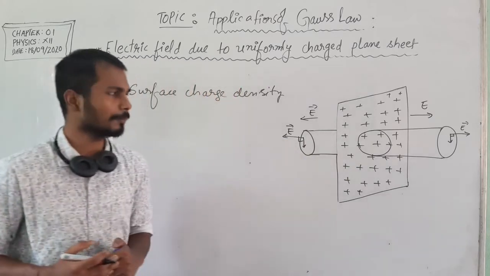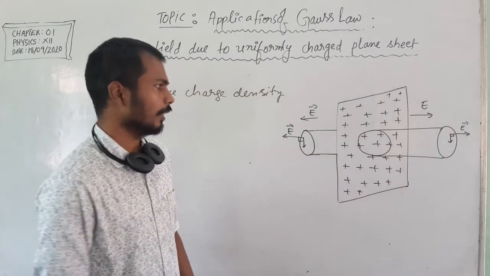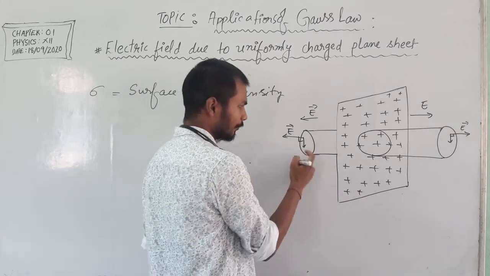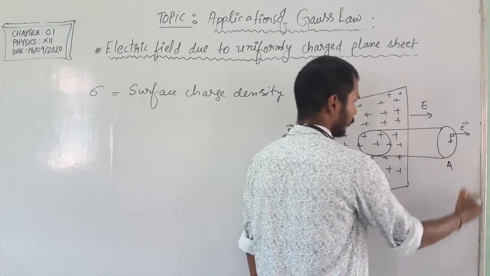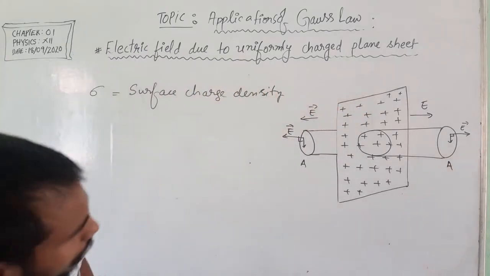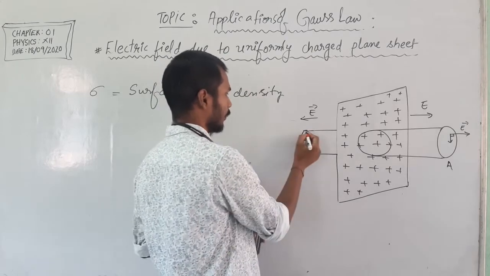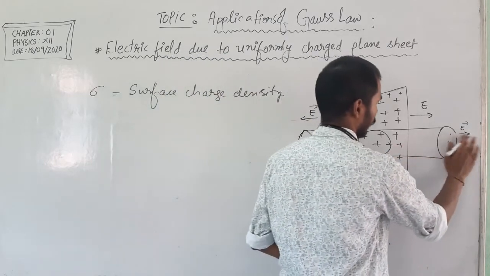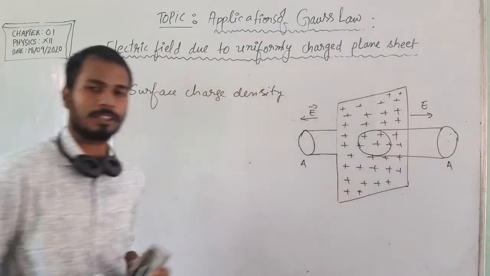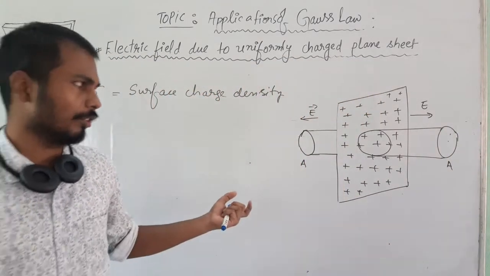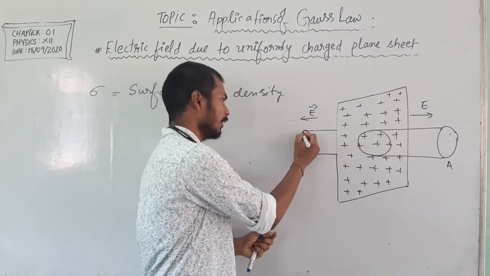These two are the Gaussian surface for this figure. Now the area of this face, let us consider as A, and this also A because both are the same. Now this is the Gaussian surface for a plane sheet, and the area of these two end faces are A and A.